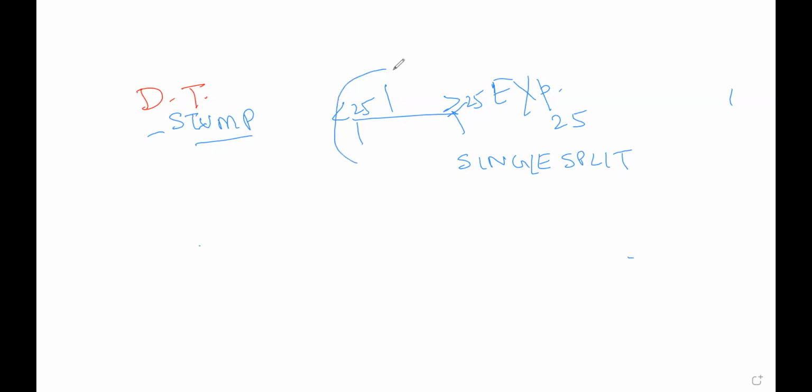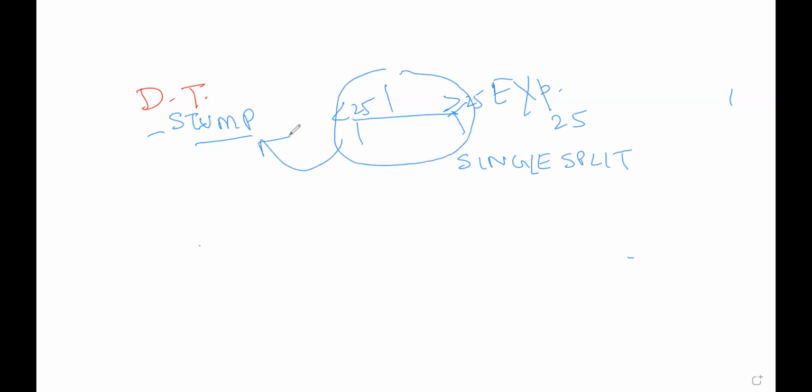So we have a decision tree. We have split it using the variable experience, and the number of years of experience is 25. Less than 25 and greater than or equal to 25. When you have a single split in a decision tree, this is called a decision tree stump.